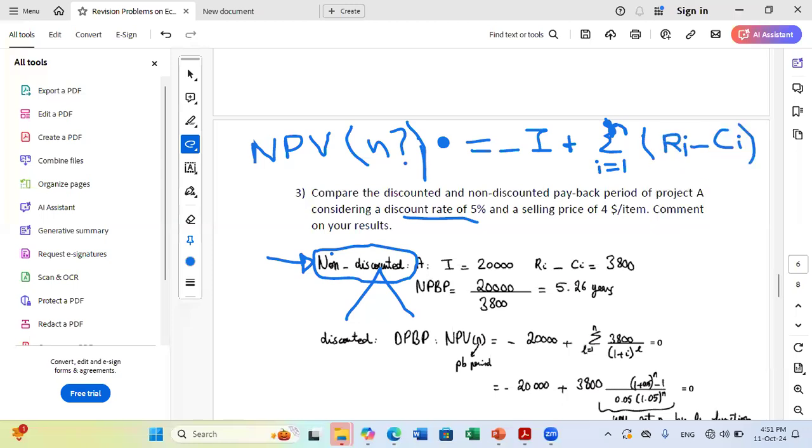Okay, so we're saying that whenever we want to calculate the payback period, we don't include the salvage value in this equation, because the salvage value we account for only at the end of lifetime. Okay, so this is a very simple equation that we need to solve to find the payback period.